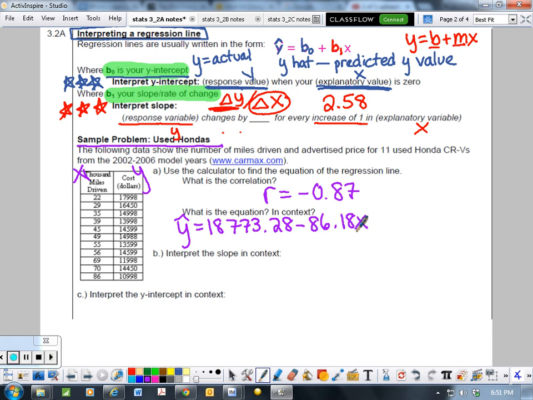And then in context, what is Y hat? Y hat is the predicted price, and X is our miles driven. And that's in thousands.